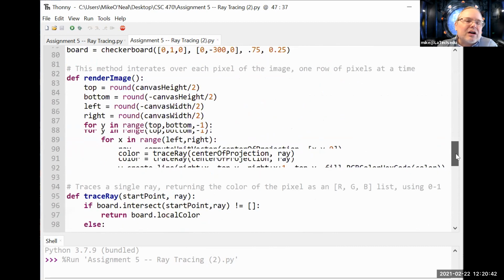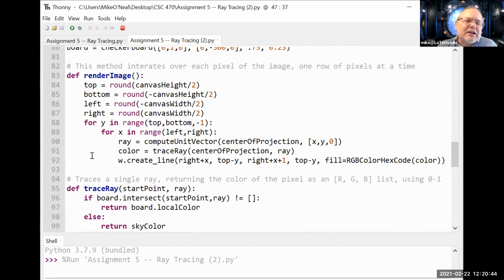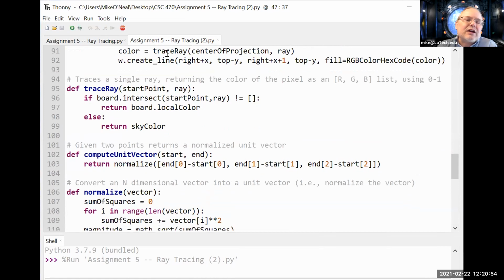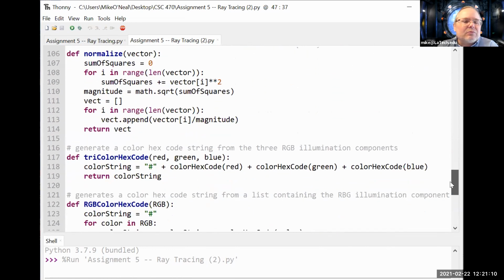And then the render proc basically goes through each pixel on the screen, and then it calls trace ray from the center of projection ray. And right now I'm tracing only one thing. I'm seeing if I intersect the board, and if I do, I return the board's local color. Otherwise, I return the sky color. And that's about it. We got normalized.